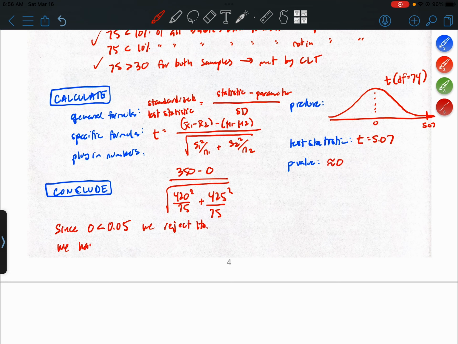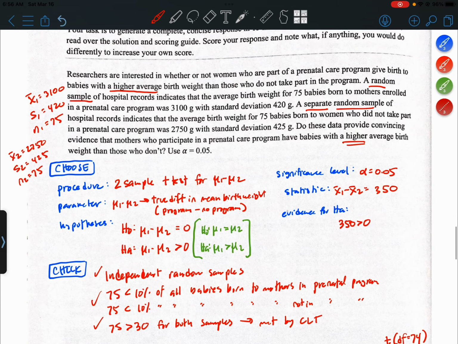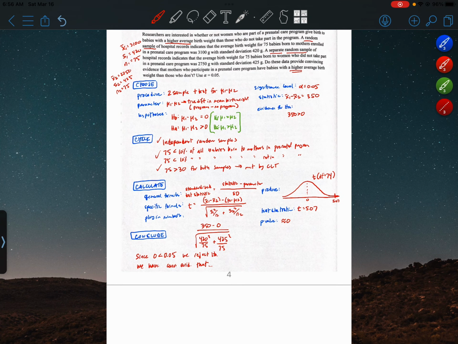So we do have convincing evidence that, and now for the context, mothers who participate in a prenatal program have babies with a higher average birth weight than those who don't. Basically you want to copy that phrase from the problem.